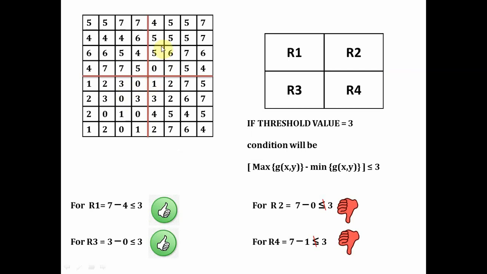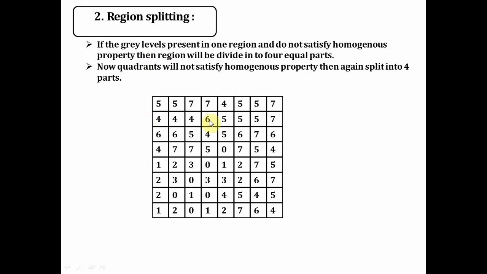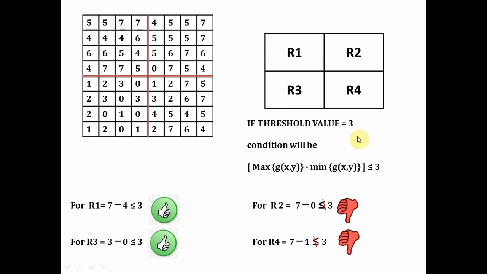Now suppose the maximum pixel is 7 and the minimum pixel is 0. 7 minus 0 will be 7, and suppose you have the threshold value 3. In this image you have a threshold value 3, and you need to satisfy the condition that the maximum intensity value minus the minimum intensity value should be less than or equal to 3.